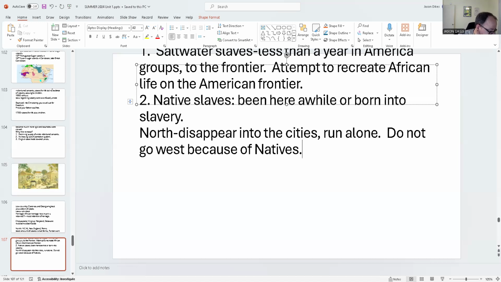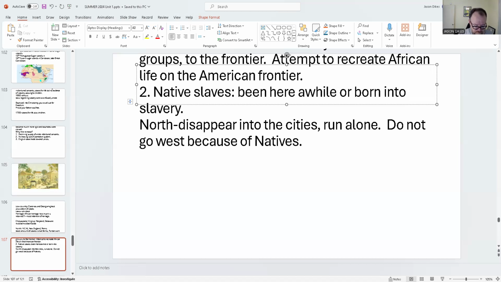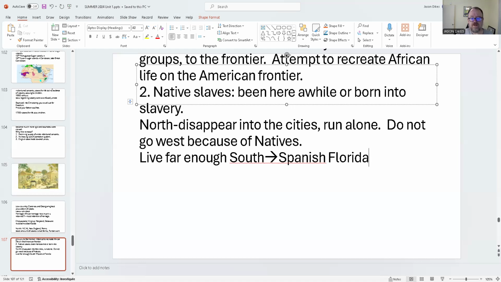Now, if they live far enough south, instead of heading north, they will try to get to Spanish Florida. Spain welcomes escaped slaves.